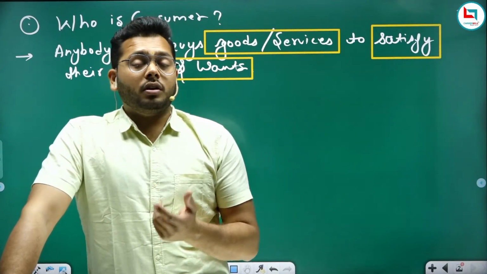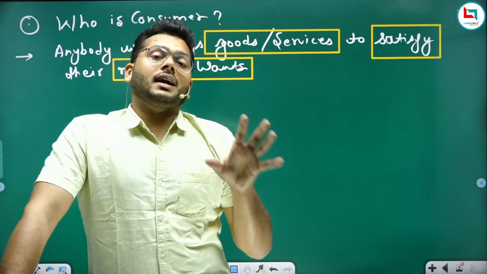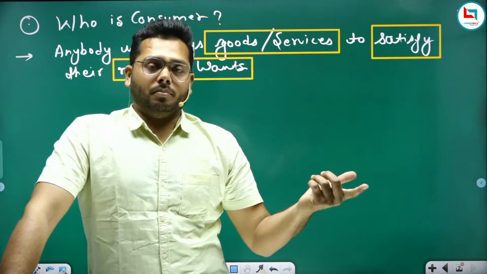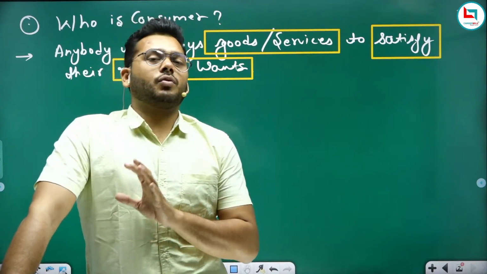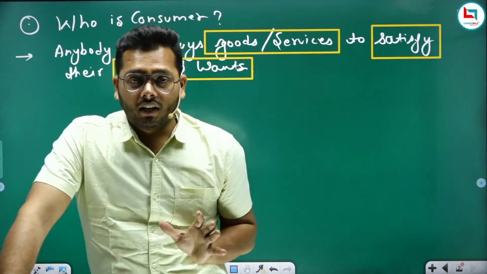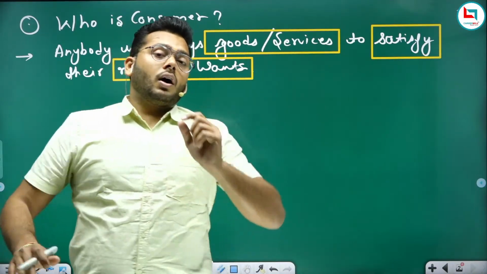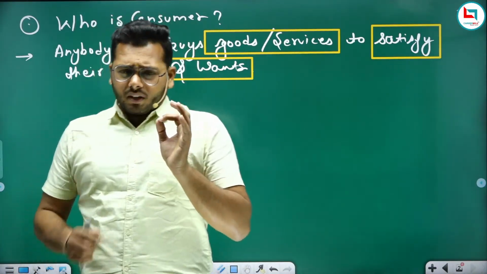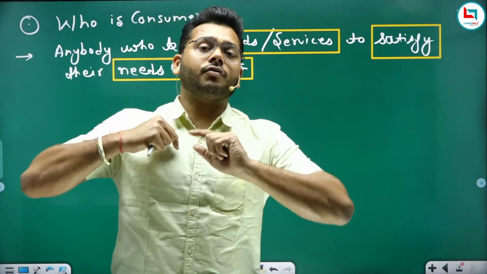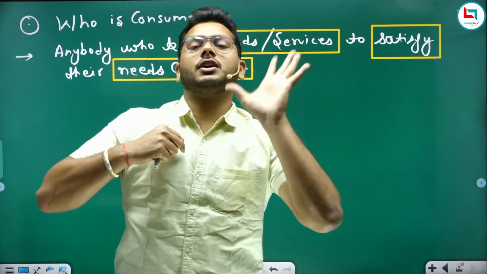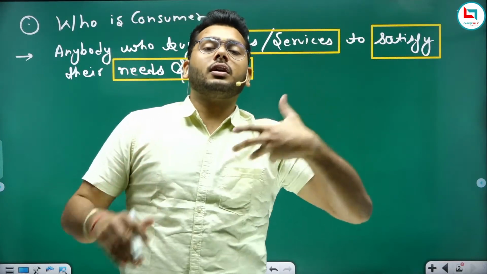So what does it mean? After spending that much money, along with the time you have also spent, you will say it was a totally wasted, a waste of money. It means you are comparing your satisfaction level with your expenditure, or you can say with your money.